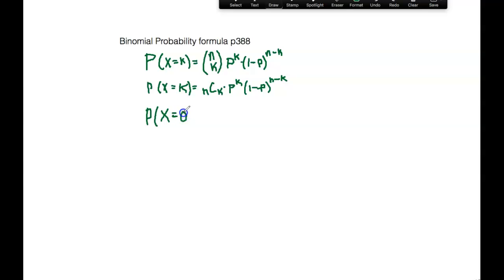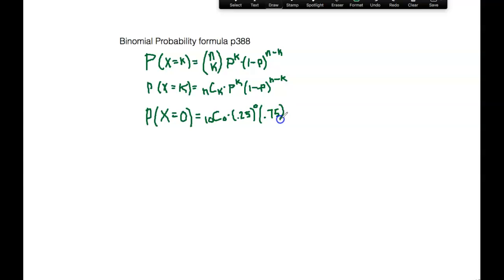There's not enough room. Probability X equals 0 is 10C0. 10C0 is just 1. Probability of success is 0.25. 0.25 raised to the 0 power is 1. 1 minus 0.25 is 0.75.